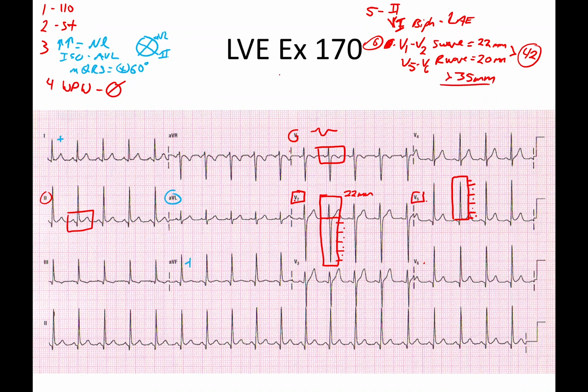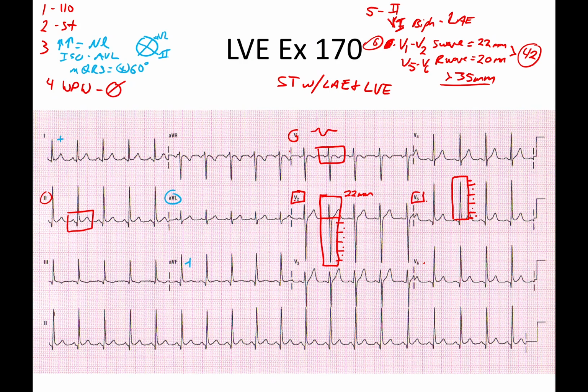So we have sinus tach with left atrial enlargement and left ventricular enlargement, which makes sense. The work of the left ventricle maybe is pushing back and causing the left atria to enlarge as well.